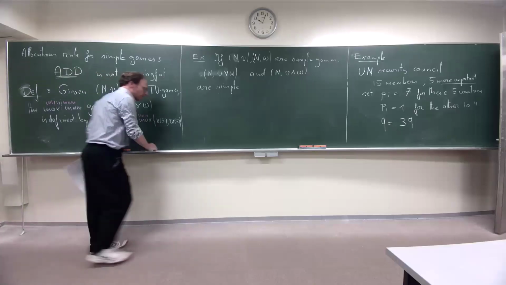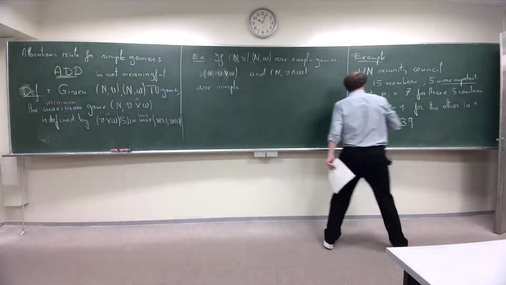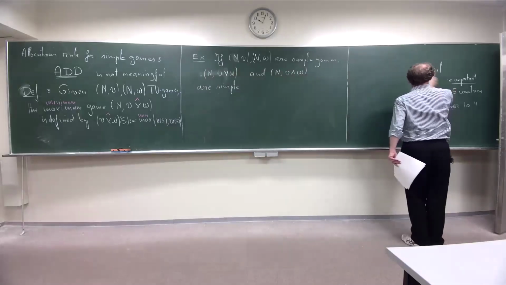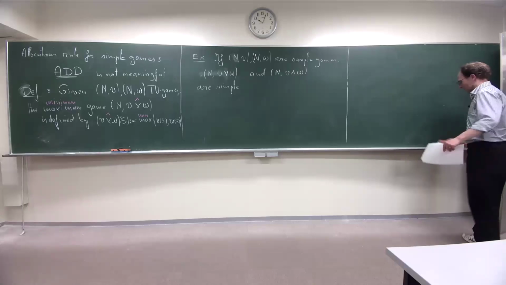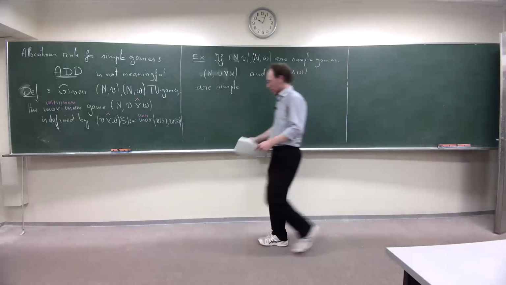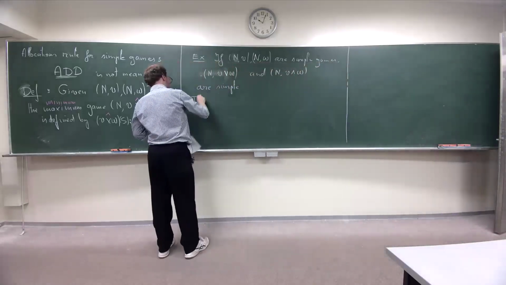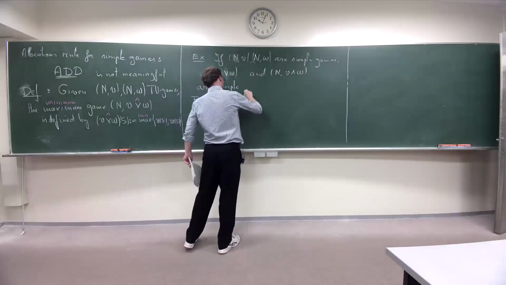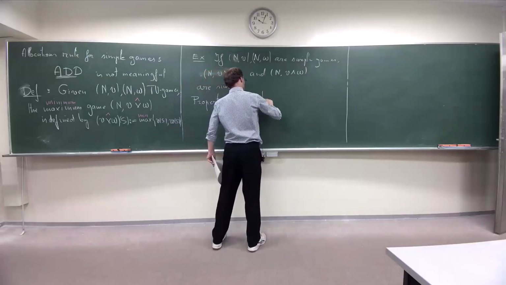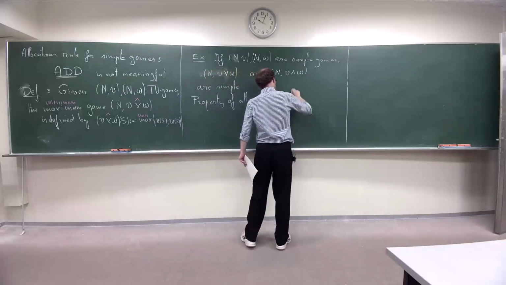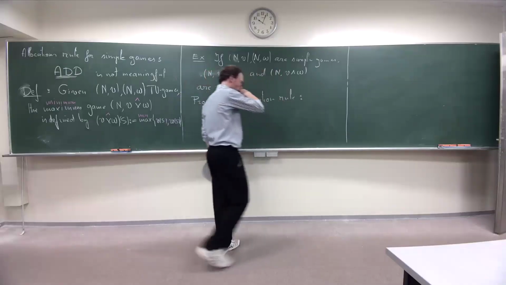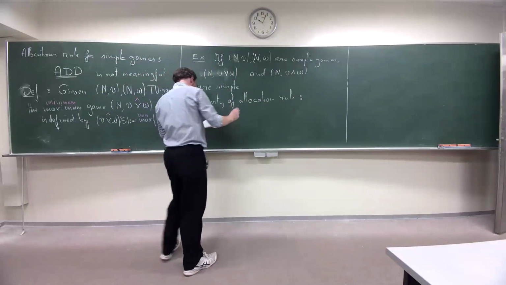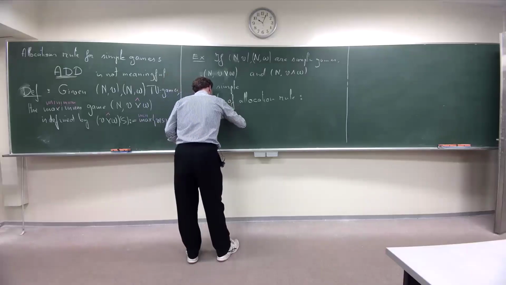So what is the property I'm going to define for an allocation rule? I mentioned many properties for the last couple of weeks, but this is a new one. It's called the transfer property.